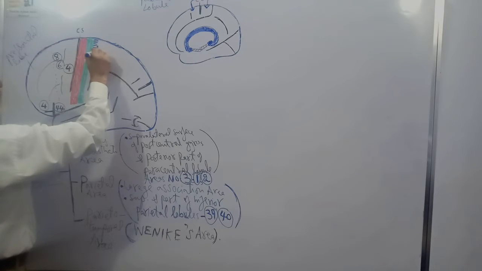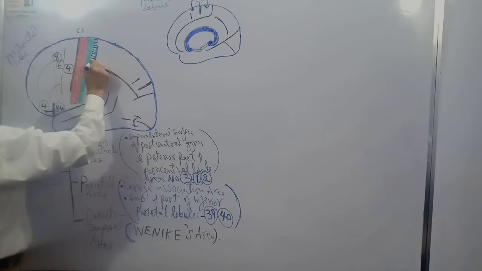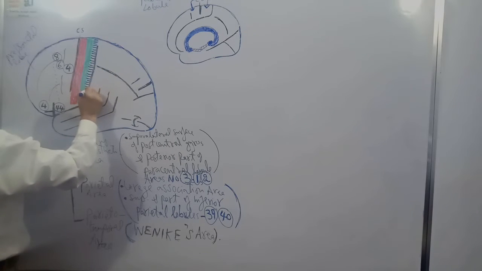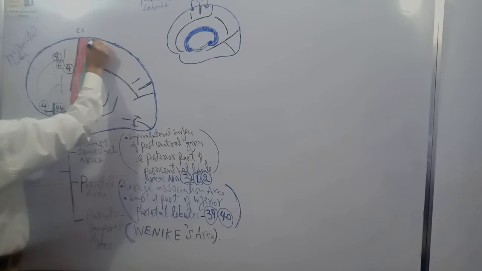All these three parts are on the superolateral surface of postcentral gyrus of parietal lobe.